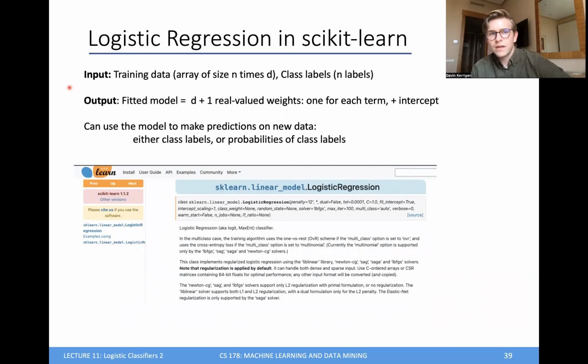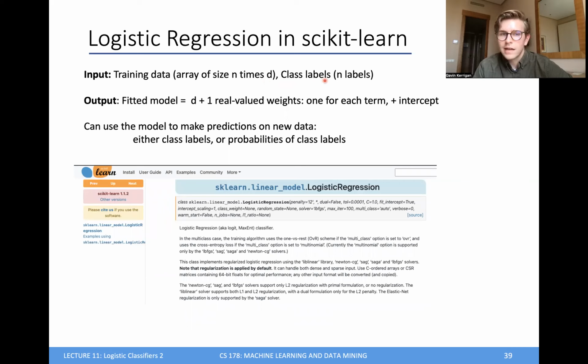In terms of actually fitting logistic models in scikit-learn, as with any other machine learning problem, the input to fit a model is going to be our training data, which is this array having n rows, 1 row for every data point, and d columns, where d is the number of vocabulary words we're considering for our bag of words representation.